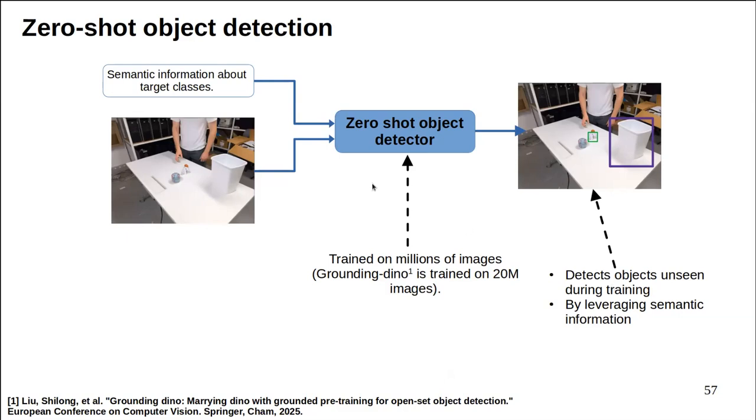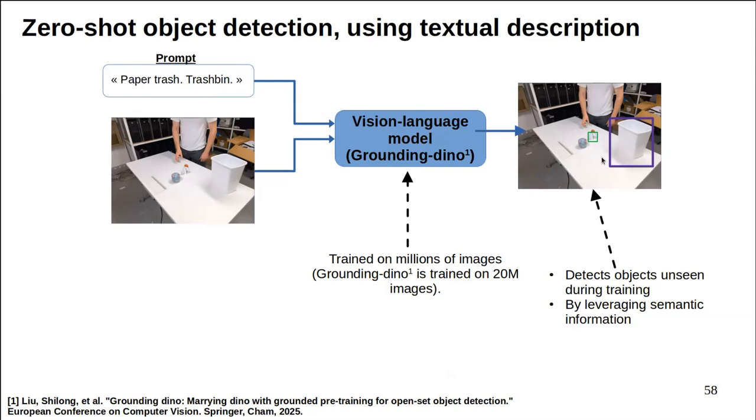So this kind of model takes as input an image and semantic information about the target classes that you want to detect. And just by looking at this semantic information, they can guess how to locate these objects in the image. In our case, we used a textual description as the semantic description of our objects.